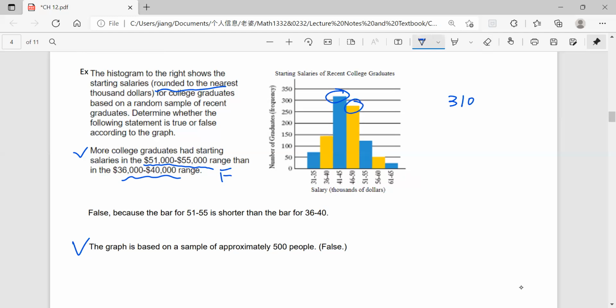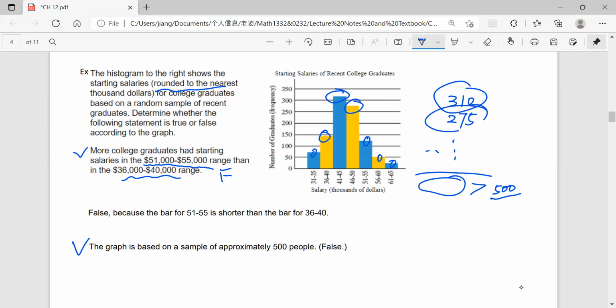And for this bar, it's about 275 people. So I can continue to find the frequency of these bars. If I add them together, I'm sure I will get a number that is greater than 500. So the number of people must be more than 500, because I add these two items together, it's more than 500. That means this is false.